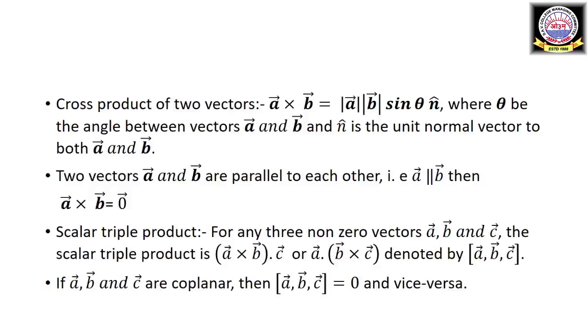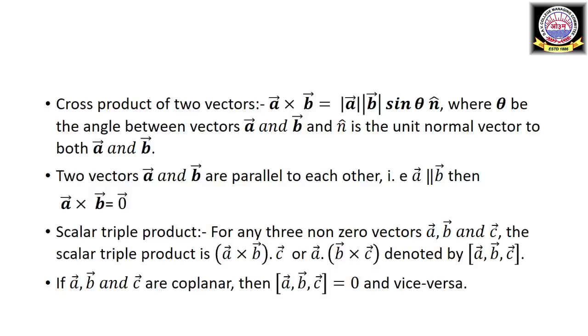You should understand what is n cap. This is the direction perpendicular to the plane containing the vector A and vector B. Means its direction is perpendicular to the plane containing A vector and B vector.